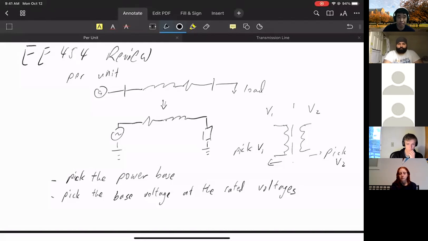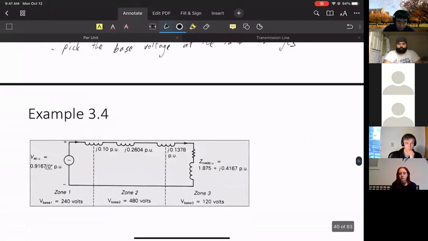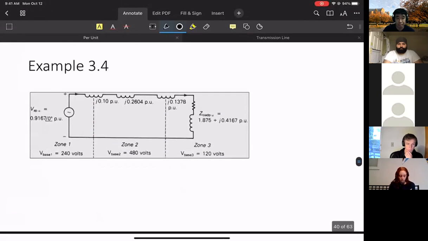So let's continue with the per unit system. Let's do more examples. Look at example 3.4 in the book, and I copied the circuit here. This problem says the following. We're given this circuit, the whole circuit we have.